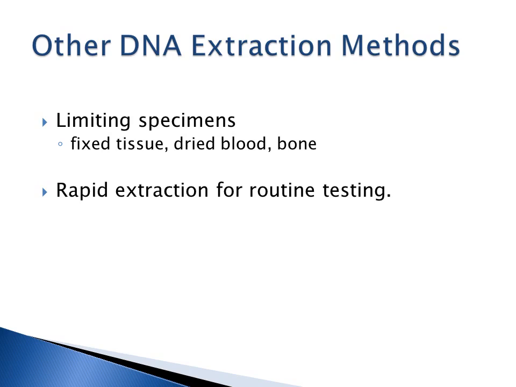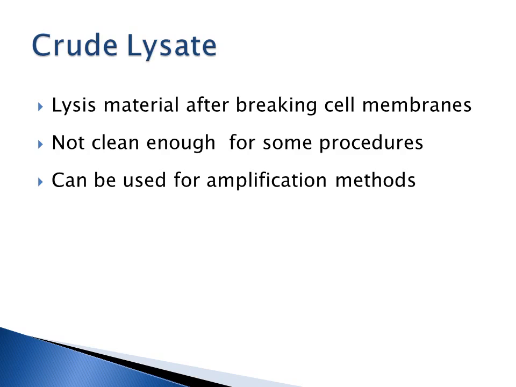Also, you could do rapid extraction methods so that you don't have to spend a lot of time with phenol chloroform or centrifuging several times. So they do have rapid extraction methods.